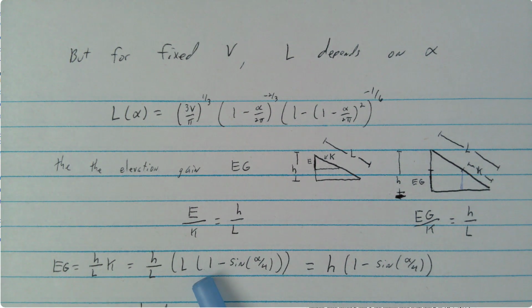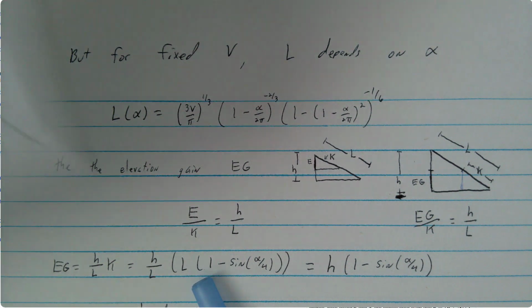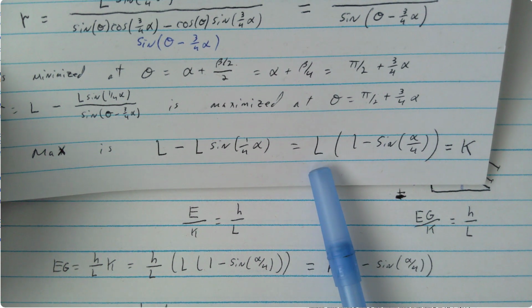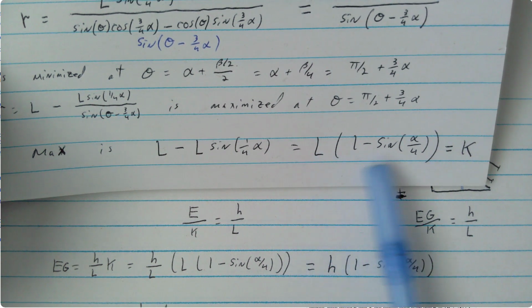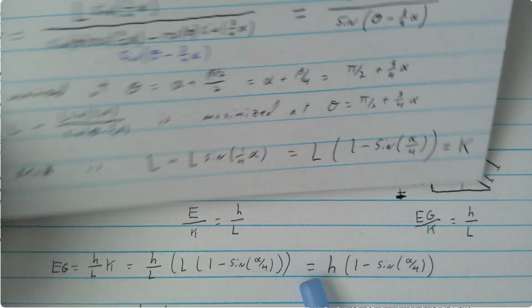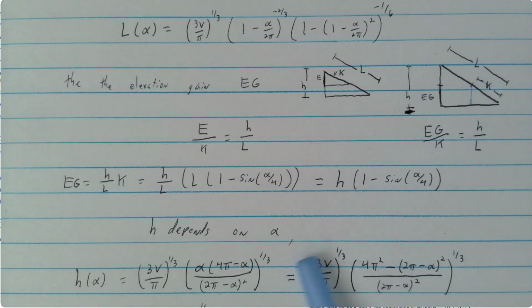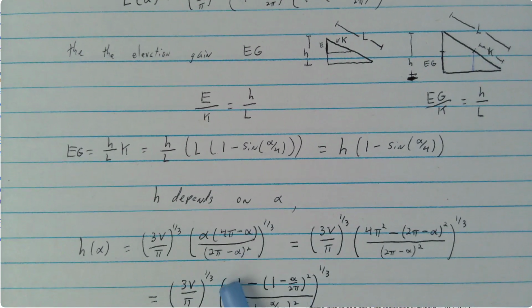And when we look at the K, it had a factor of L. So H over L times this K, the L's will cancel. And so I just get H. Oh, yeah, there it is right there. So H times that. And of course, H depends on alpha. So here it is.